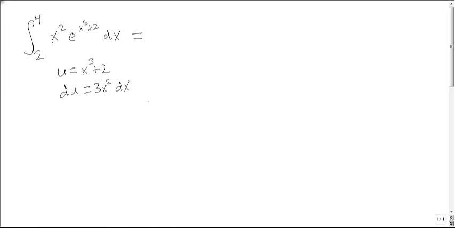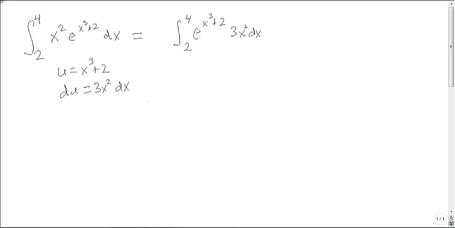And so what I'd like to do is rewrite my integral with e to the u, which I've got, but I want to have a 3x squared dx. So I just have dx here, but I do have the x squared up in front, so I need to get the 3 as well. So I'm going to write the e to the x cubed plus 2, and then I'd like to have 3x squared dx.